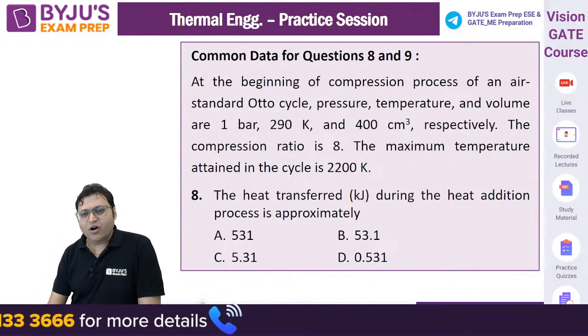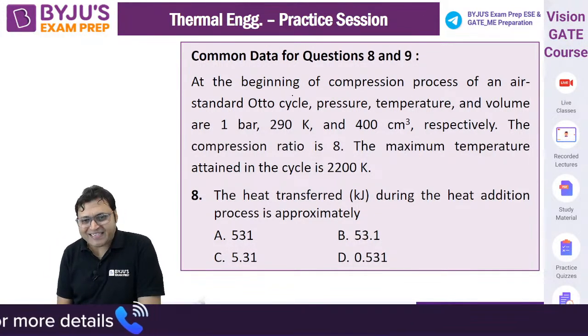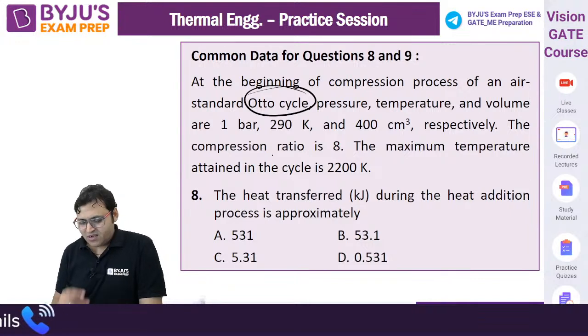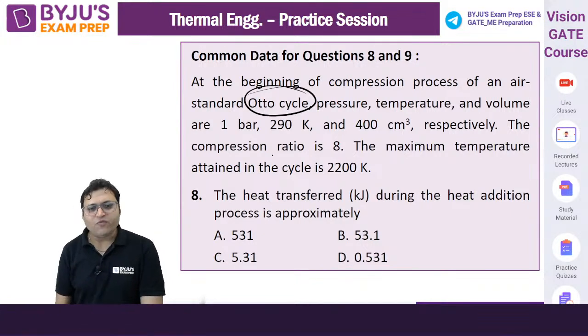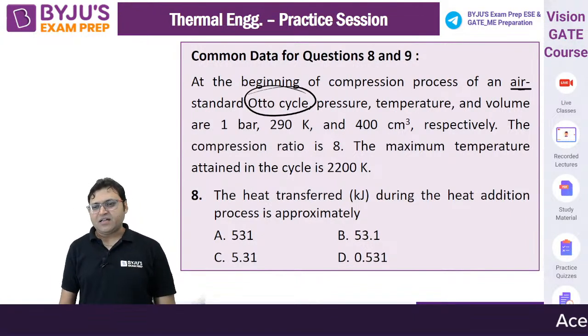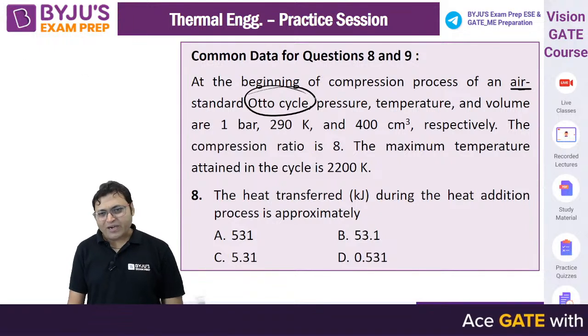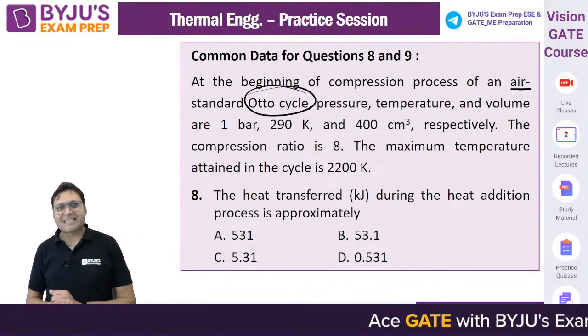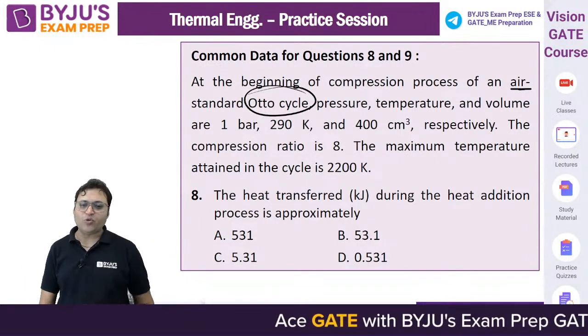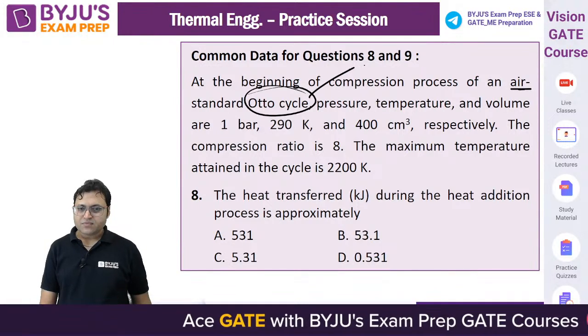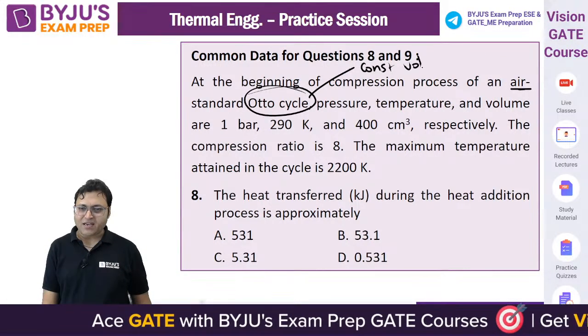At the beginning of compression process of an air standard Otto cycle. In Otto cycle there is no phase change. The working fluid is air. So what is Otto cycle? There are two isentropic process and two constant volume process. It is constant volume cycle.